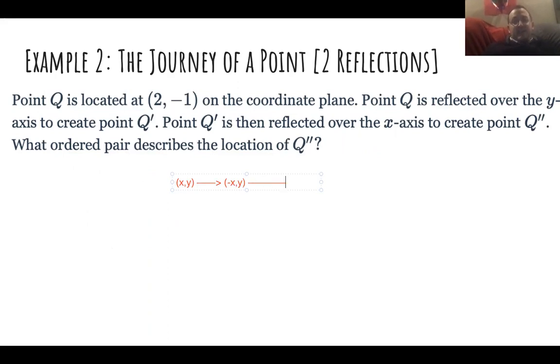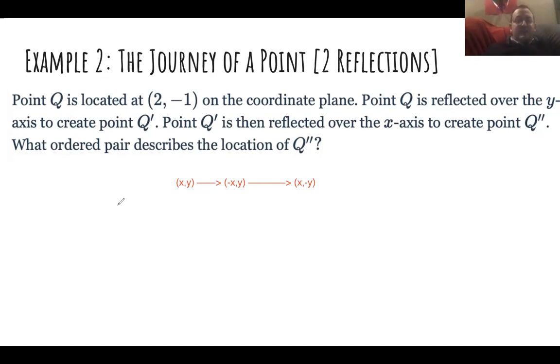Then I'm going to take that intermediate point, we don't start at the beginning, and when we are reflecting over the x-axis, we are going to be changing the sign. This would be x comma negative y. So we're changing the sign of the y coordinate.